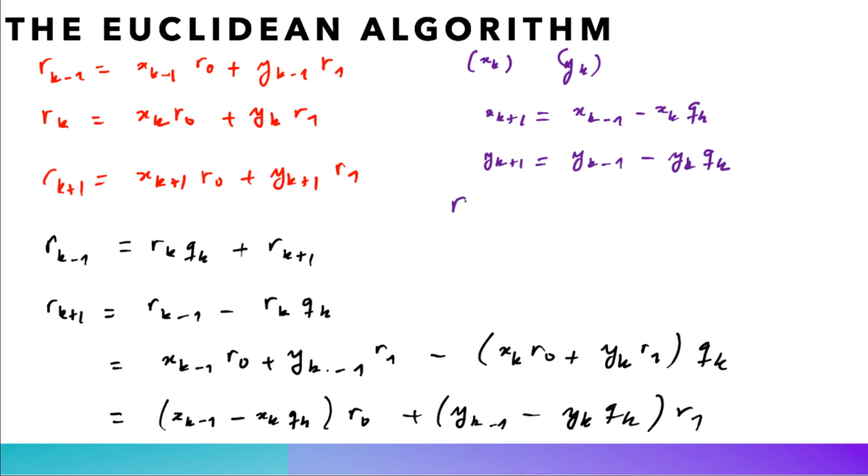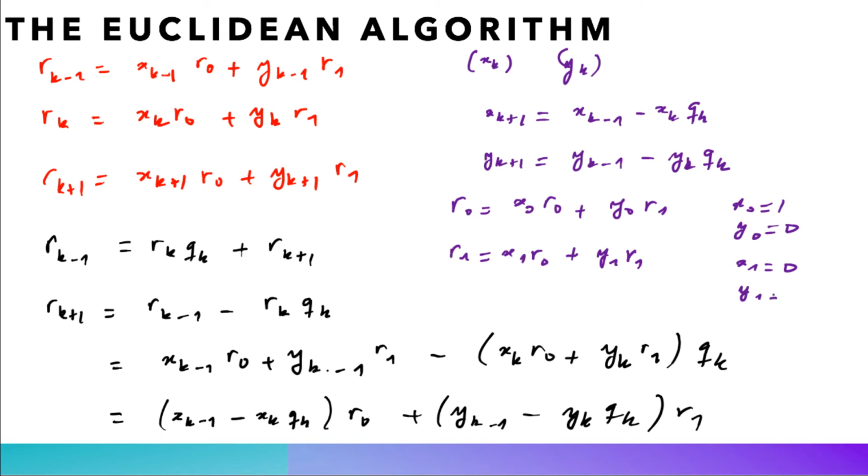Indeed, we know that R0 is equal to x0 times R0 plus y0 times R1, and this means that we should take x0 equals 1 and y0 equals 0 to get that R0 is actually equal to R0. Moreover, we have R1 is equal to x1 R0 plus y1 R1, which gives that x1 must be equal to 0 and y1 must be equal to 1.